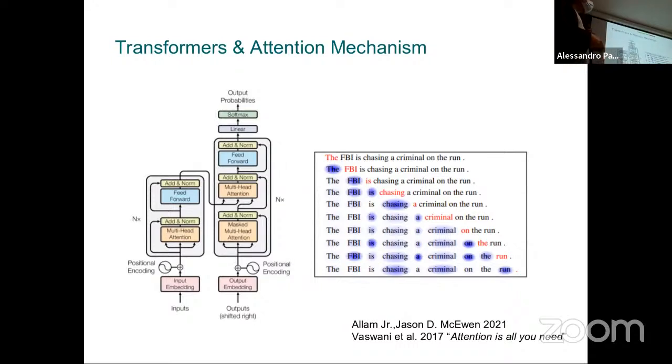So the machine tries to understand, of course, if you give this sentence, "the FBI is chasing a criminal on the run," this is just gibberish for a machine, doesn't mean anything. So the machine needs to understand what the structure is. And of course, words don't mean anything, they need to be translated into numbers. And numbers need to be translated into some form of encoding of the information of that word inside this number representation.